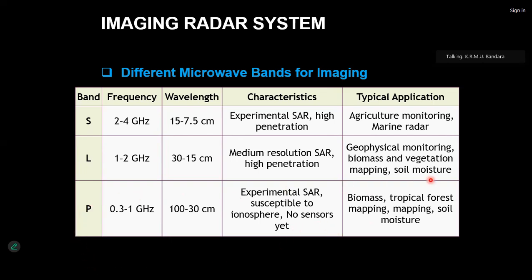They use it as a non-imaging radar, but still there are no sensors for imaging. But with non-imaging, they can identify different kinds of things using this. Okay, this is the P-band. These are the different microwave bands for imaging.